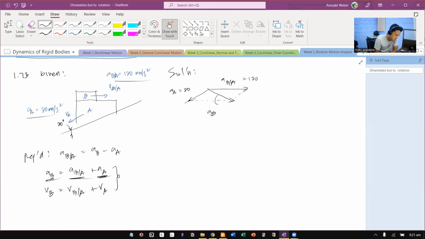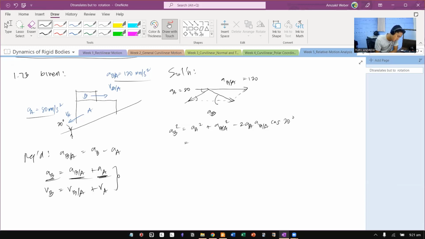But we cannot just use a simple sum here. So this angle is 20, and this is also 20. So AB squared is AA squared plus AB/A squared minus 2 AA AB/A cosine 20 degrees.